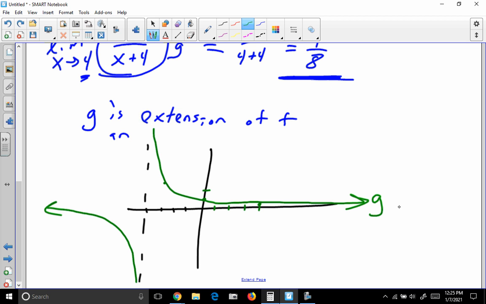Notice x cannot be negative 4. We are undefined at negative 4. We are defined at 4. At 4, we have a y value of 1/8. The only difference between g and f is that f does not exist when x is 4.